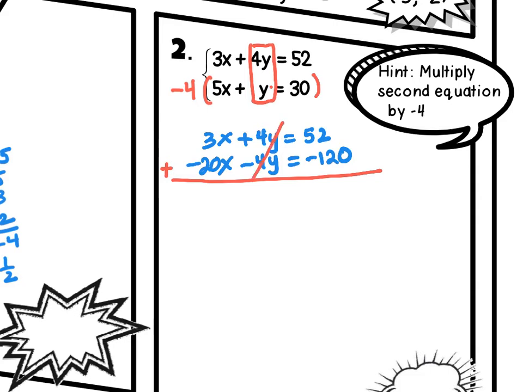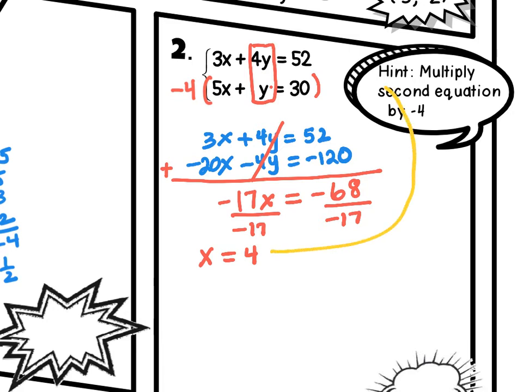So you have 3x minus 20x, which gives you negative 17x equals negative 68. So the next step is to divide by negative 17. And we notice that x equals 4. You're going to go back and substitute into either the first or the second equation.